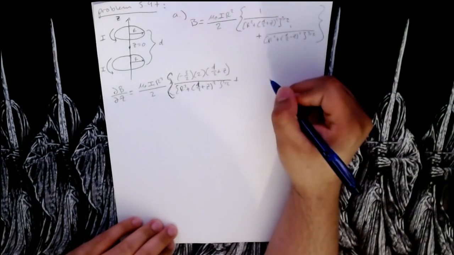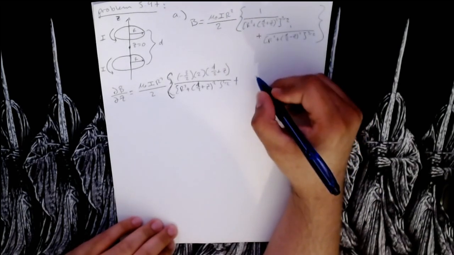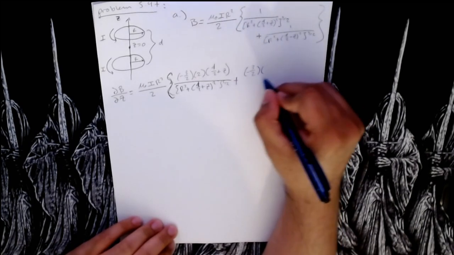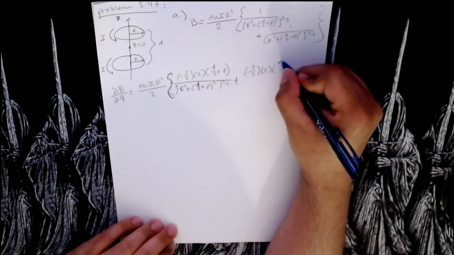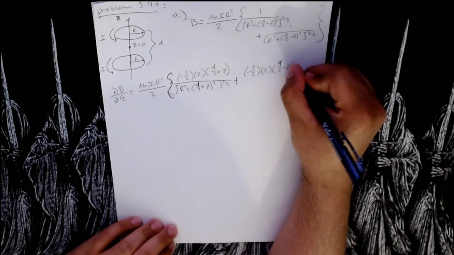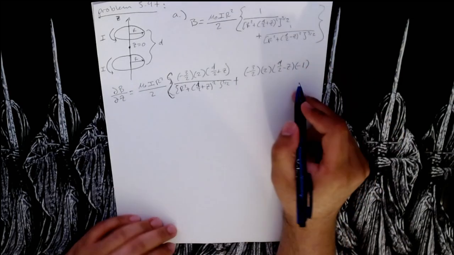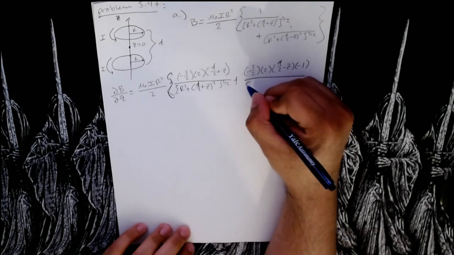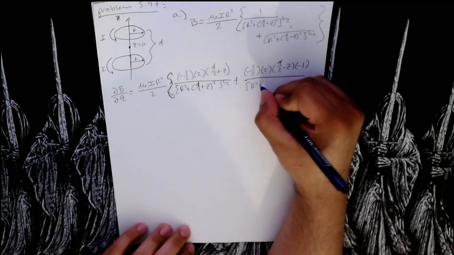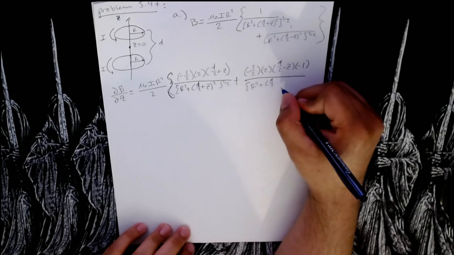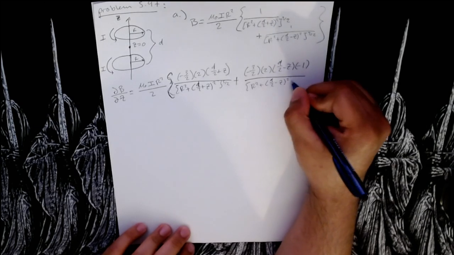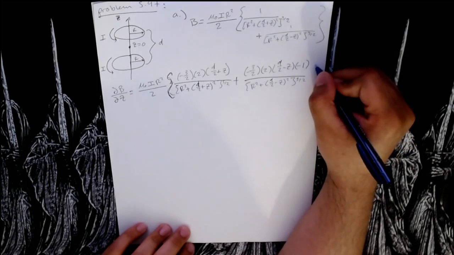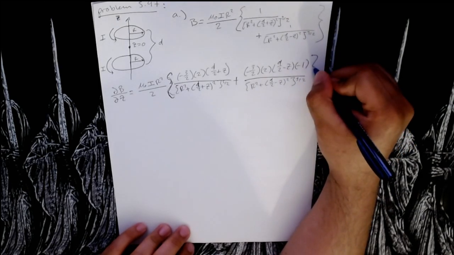Plus the same thing, negative 3/2 times 2 (d/2 minus z), then we have another negative 1, over r squared plus (d/2 minus z) squared, all of that to the power of 5/2.